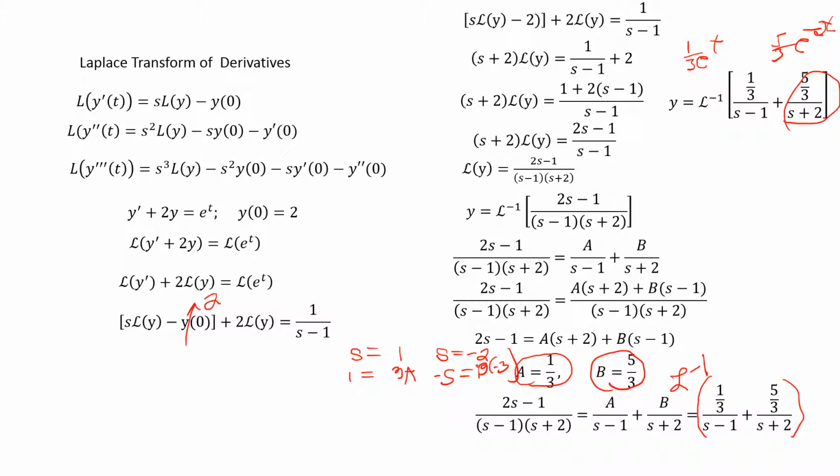Remember that the inverse of 1 over (s minus a) equals e to the at. Therefore our answer, or our particular solution, is y equals 1/3 e to the t plus 5/3 e to the -2t.